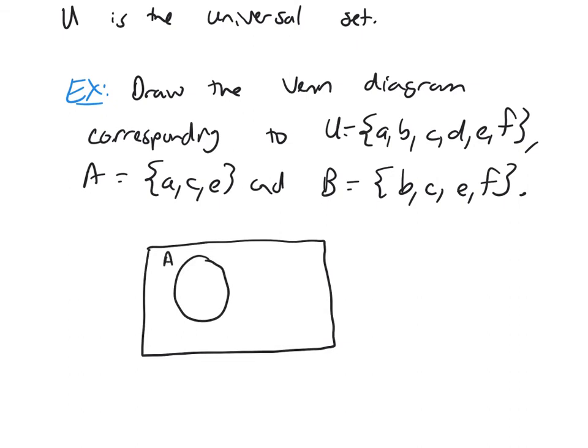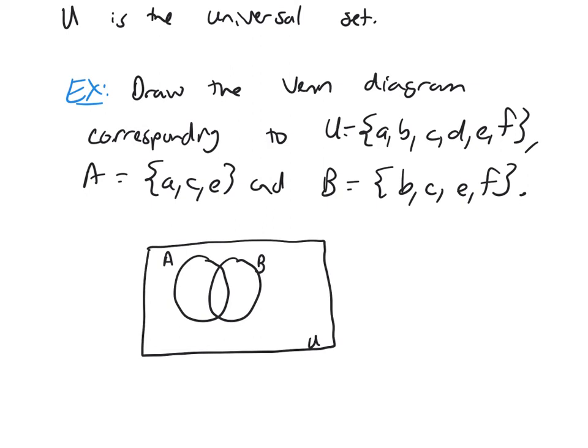Here's A, here's B, here's U. We're going to start with the intersection of these two sets. So you're looking at what elements go in this region right here.